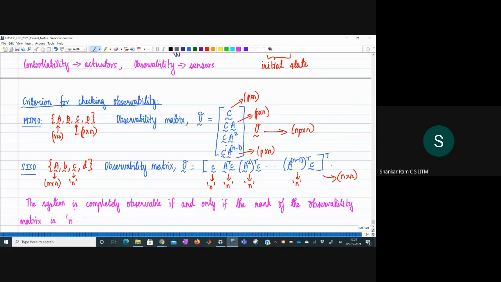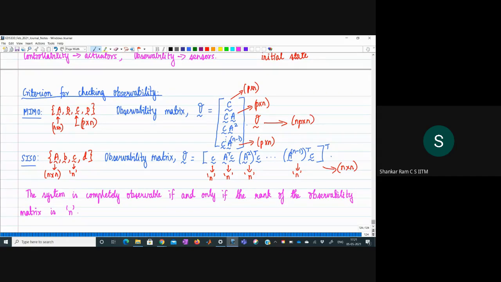That is the criterion. So for either the SISO system or the MIMO system, when we construct the observability matrix and calculate its rank, it should be equal to n.